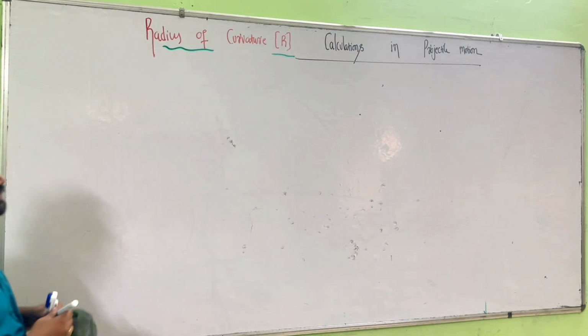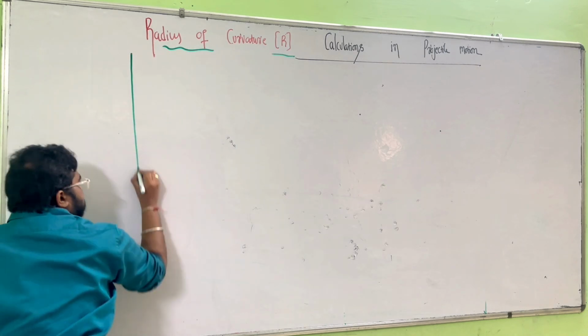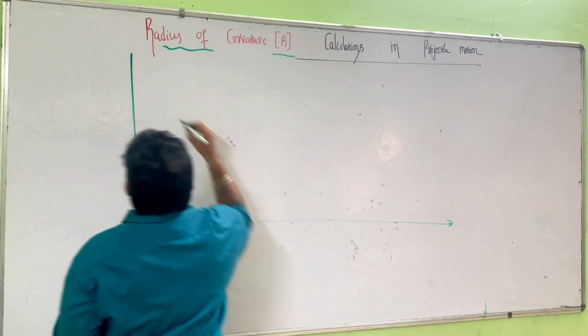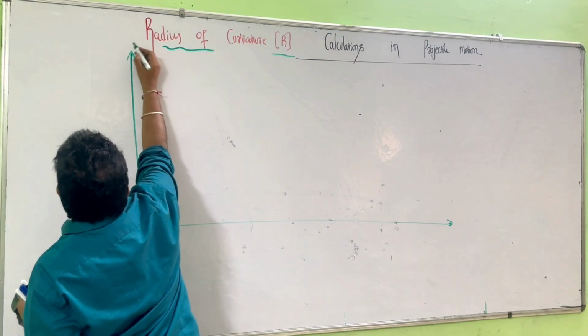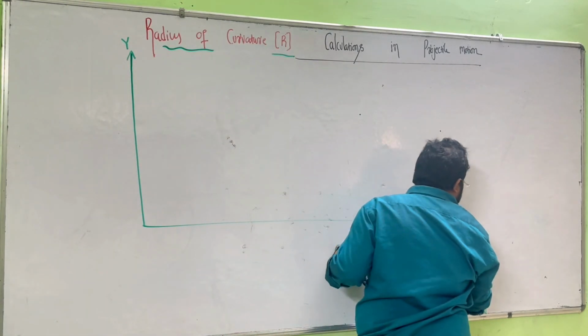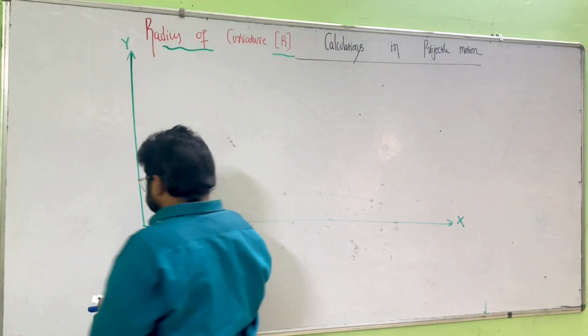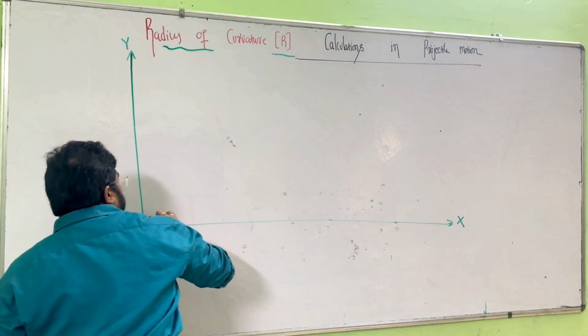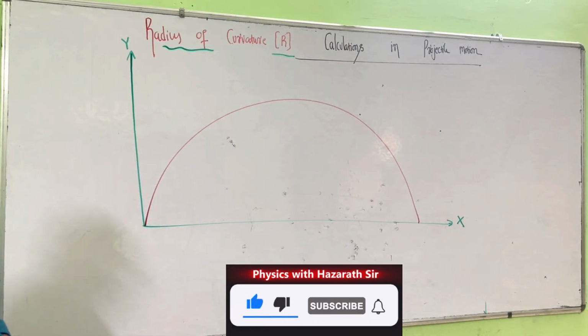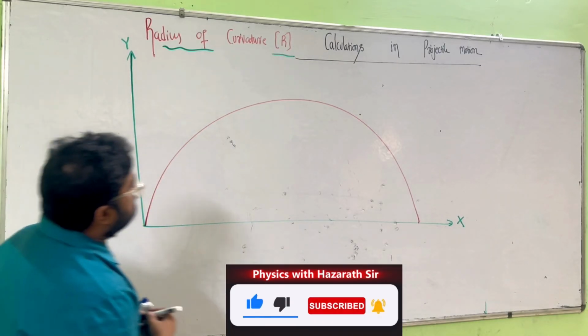See this, projectile motion, here to here. Here there is rectilinear translation along the y-axis and rectilinear translation along the x-axis. Here to here, this is the projectile motion, at the point of projection.